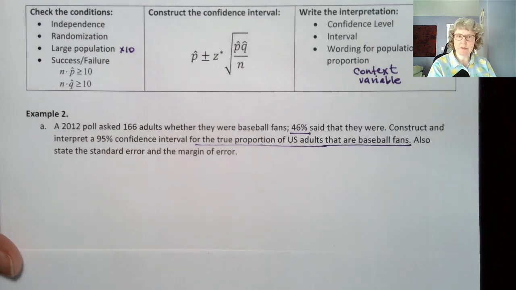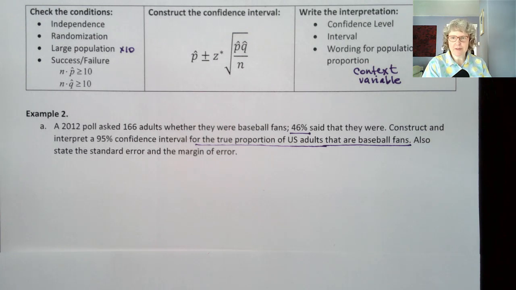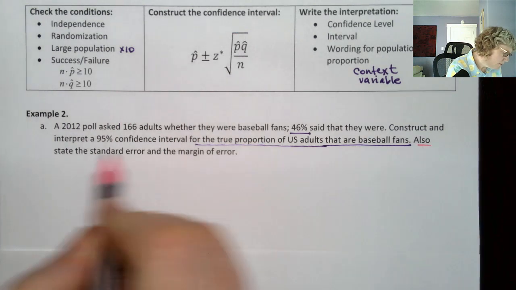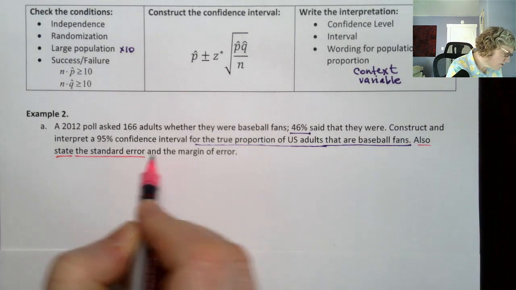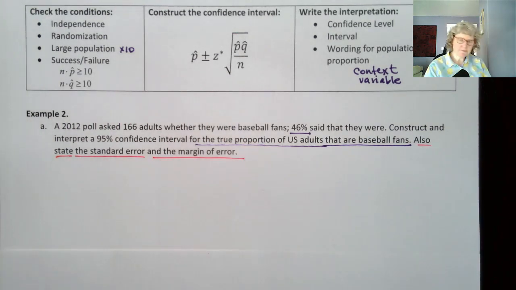Let's say this is the Baseball Association, or somebody wants to know what proportion of U.S. adults are baseball fans. Are you a baseball fan? It says also state the standard error and the margin of error. This is just good practice. So we'll do that as we go.